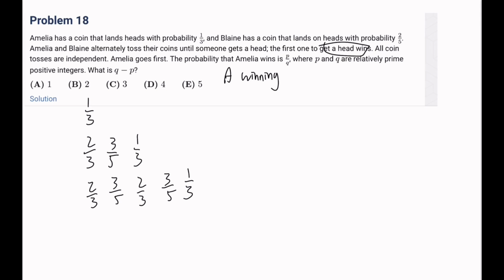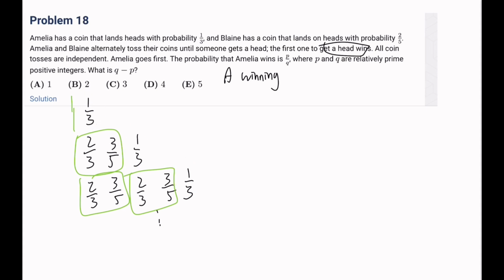And so this will just continue on, and if you group these numbers like this, that shows that as we go, we are multiplying by this much. And so for us to get the probability that Amelia wins, we have to add all of these up, right? 1 over 3 is the common factor.